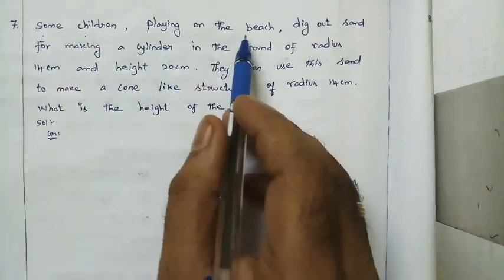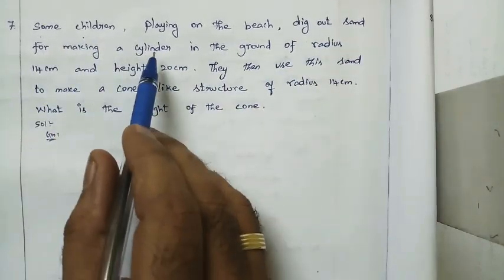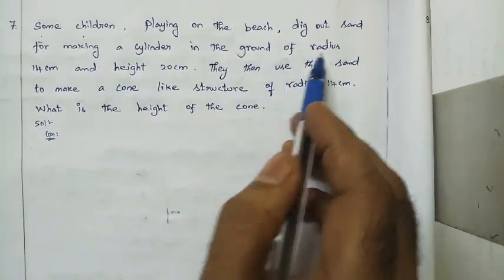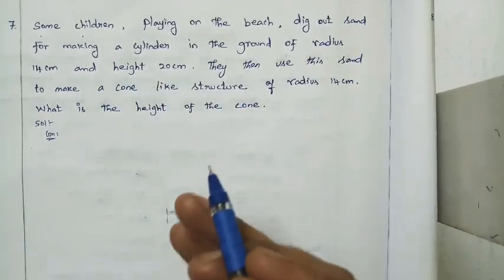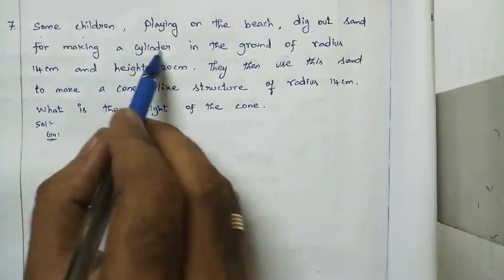Some children playing on the beach dig out sand, making a cylinder in the ground of radius 14 centimeter, height 20 centimeter. So they are digging sand from the beach in the shape of a cylinder. That's very important.